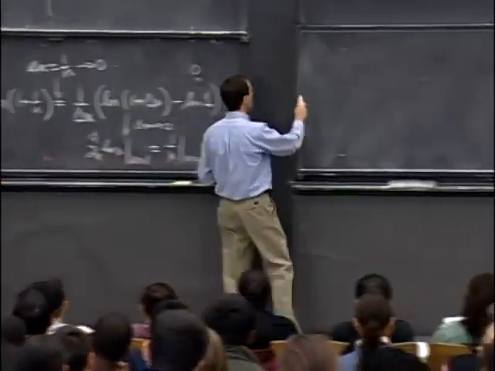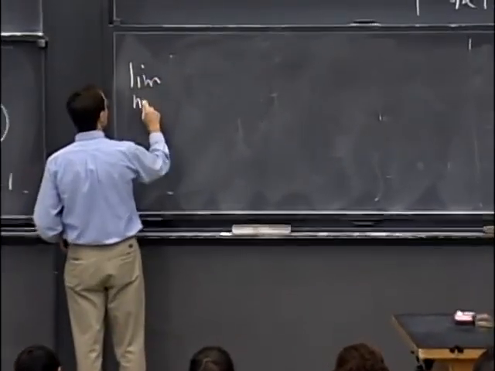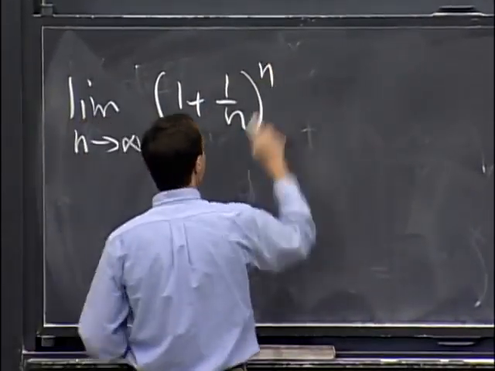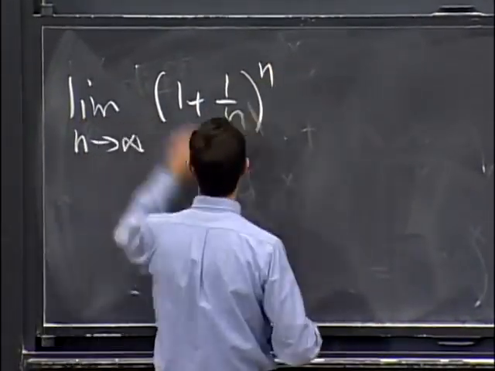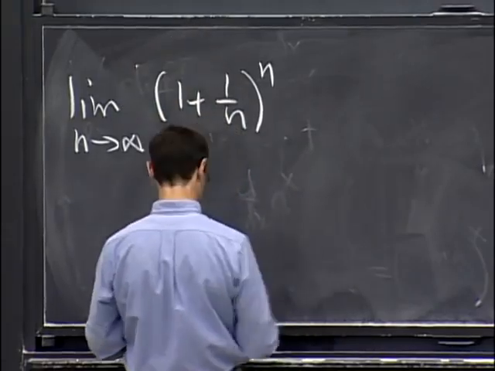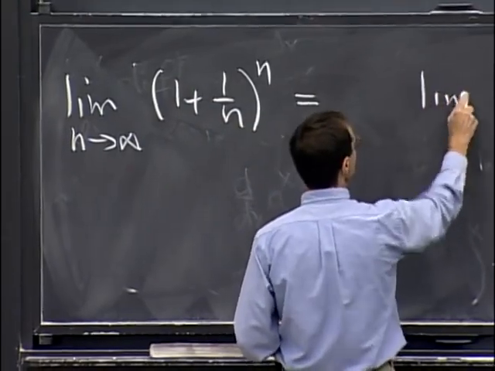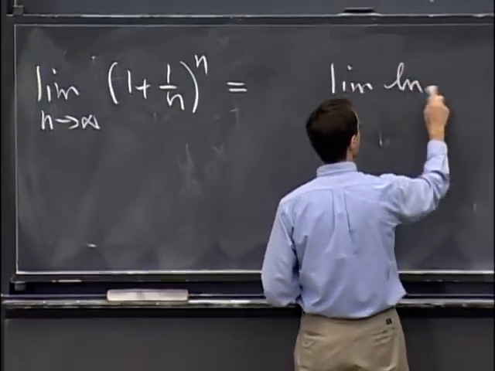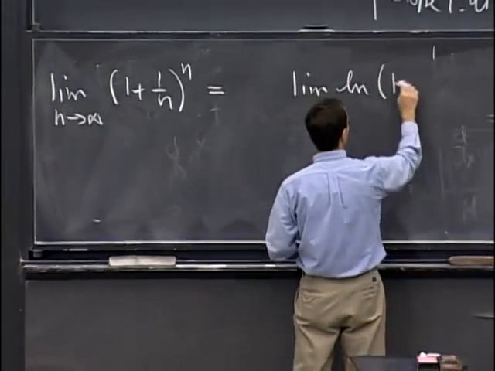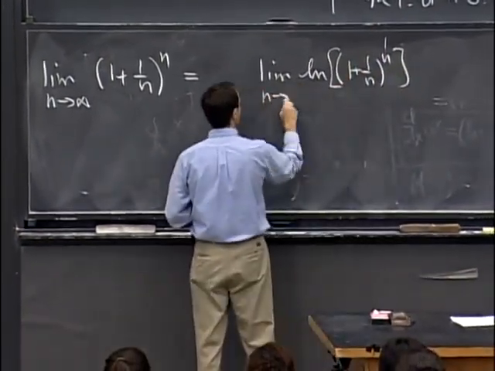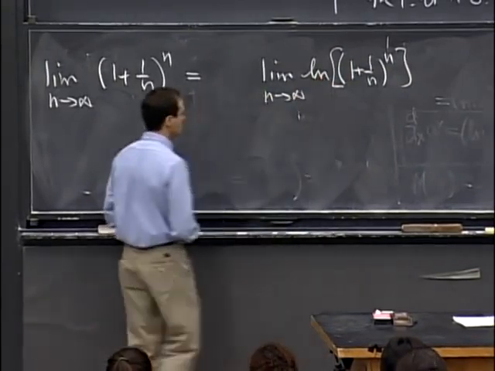So the limit as n goes to infinity of (1 + 1/n) to the n. Sorry, the log of this. Yeah, let's write it this way. The thing that we know is the log of (1 + 1/n) to the n, as n goes to infinity. That's the one that we just figured out.